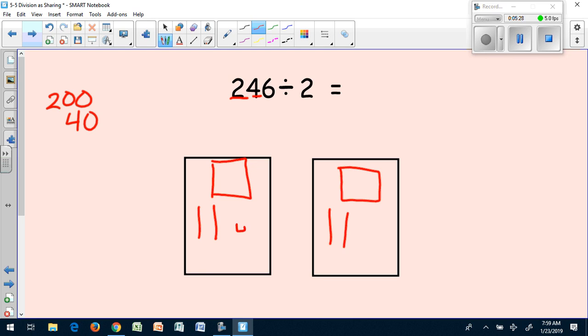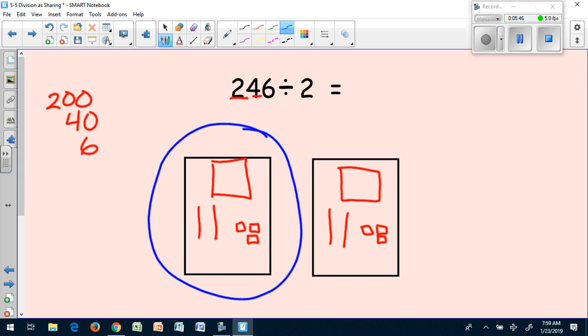That's just going to be 3 ones in each group with no remainder. And if I look over here, I've put 240 and 6 in there, which gives me my dividend. So that's how I know I don't have any remainders. To find my quotient, I look at one of the boxes. I see I have 100, 2 tens, and 3 ones. So my answer is 123.